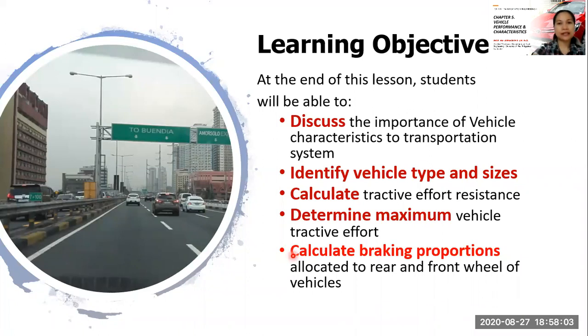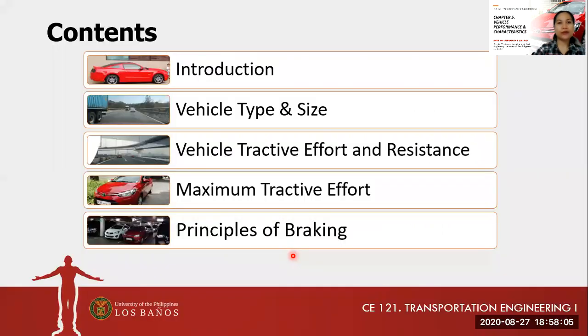With these objectives, we will cover the following in this chapter: the introduction to the chapter, the vehicle type and size, the vehicle tractive effort and resistance, the maximum tractive effort, and the principles of braking.